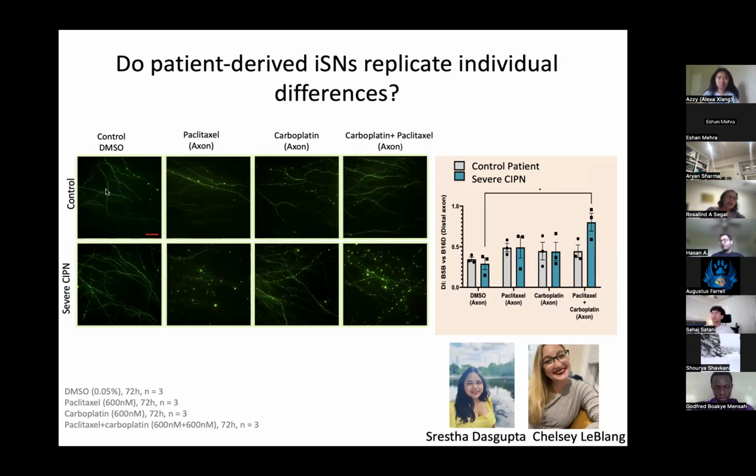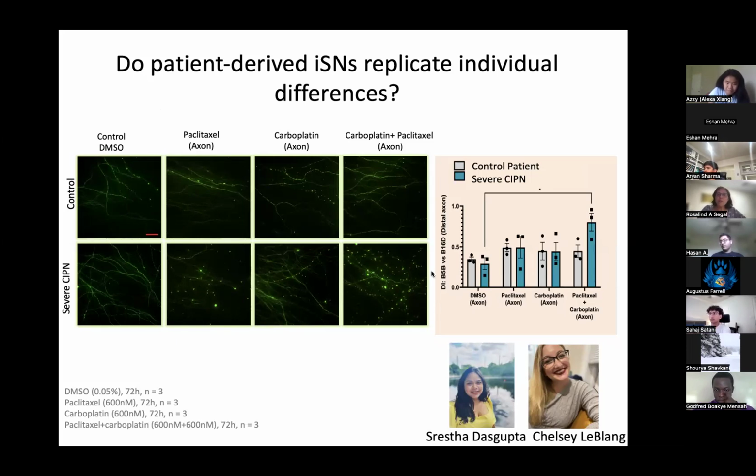We can take the patient or the control and treat them with paclitaxel, treat them with carboplatin, or the combination. And you can see here, again, looking at the axons, that paclitaxel causes degeneration, so does carboplatin, and the combination is even worse.